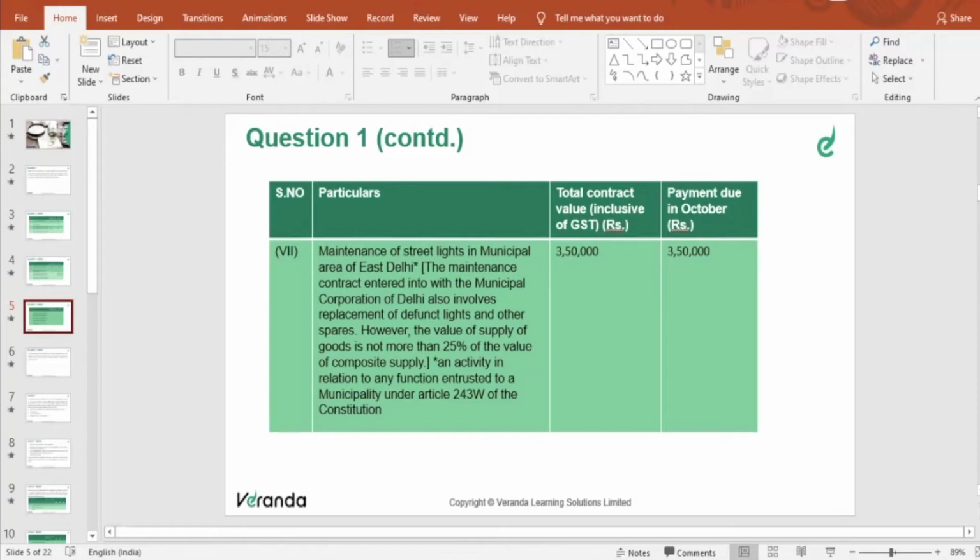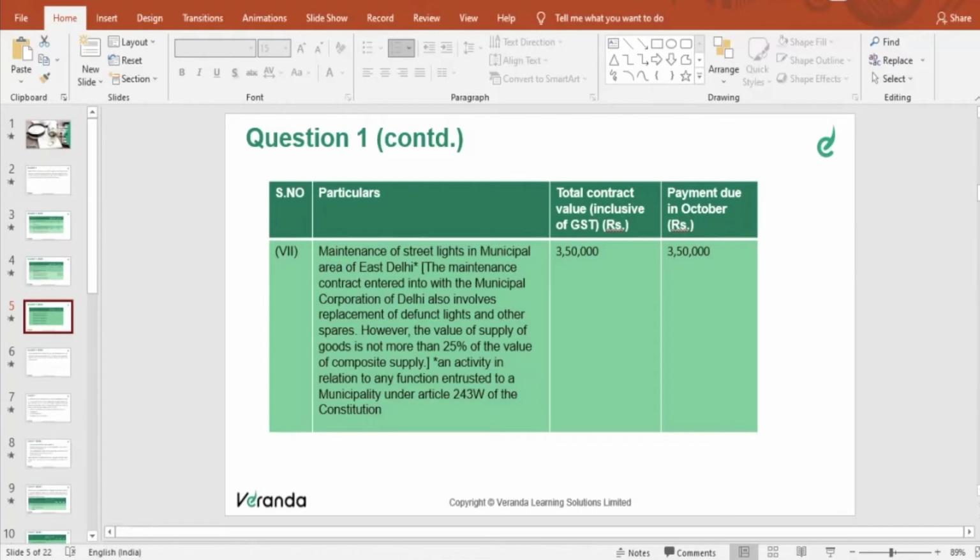But immediately when we are reading all of this: maintenance of street light for a municipal corporation, whose function is entrusted under Article 243W. Then we are reading composite supply where goods is not more than 25% of the entire value. The exemption chapter should trigger.